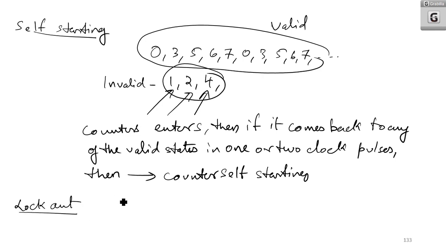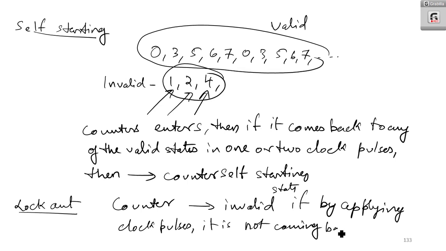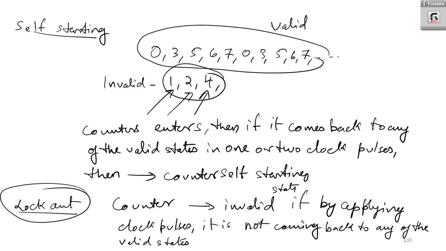Once the counter enters an invalid state, and by applying clock pulses it is not coming back to any of the valid states, then you can say that the counter is suffering from lockout condition.